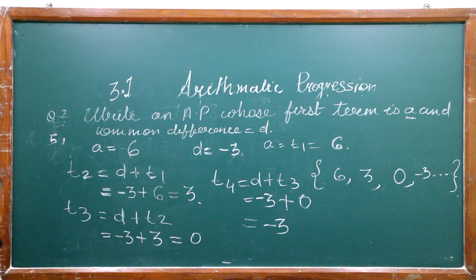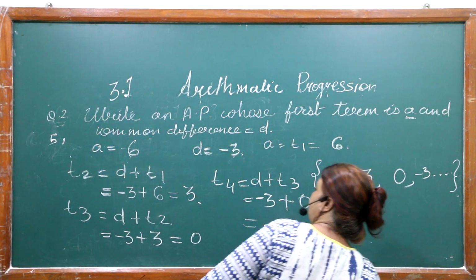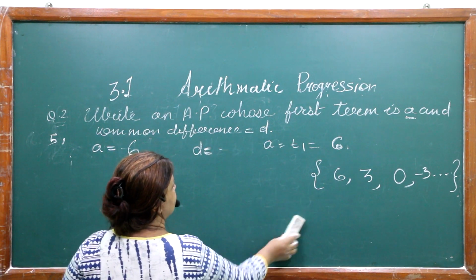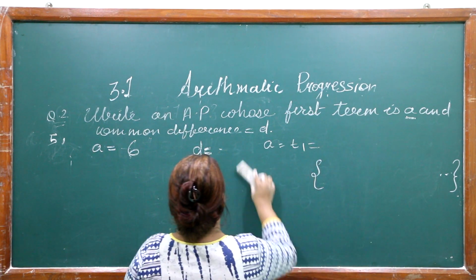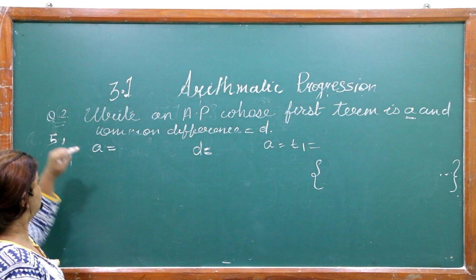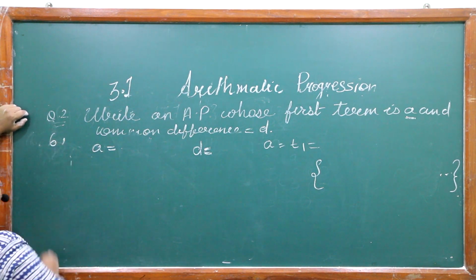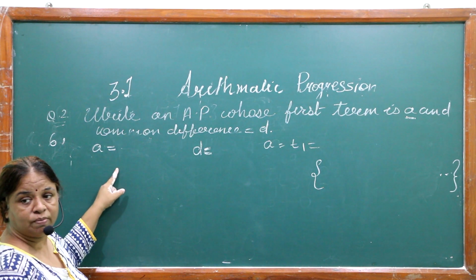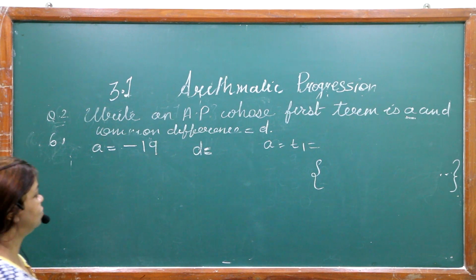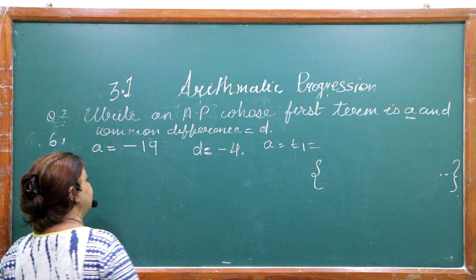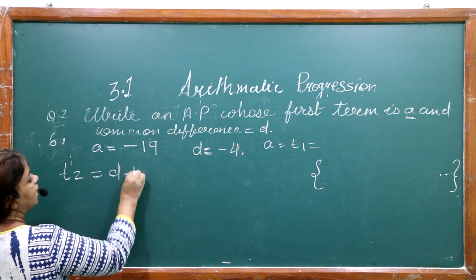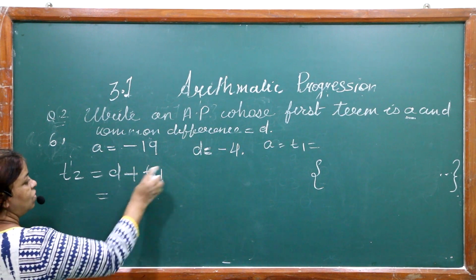Okay, now question number 6. Sum number 6 of question number 2. A is given equal to minus 19 and the common difference is given equal to minus 4. Therefore, T2 is equal to D plus T1, and what is D?